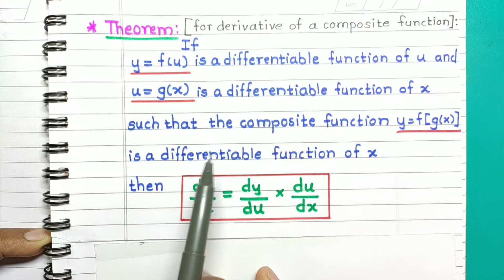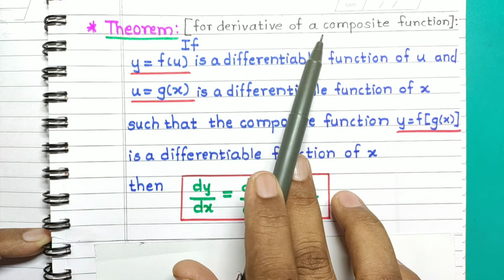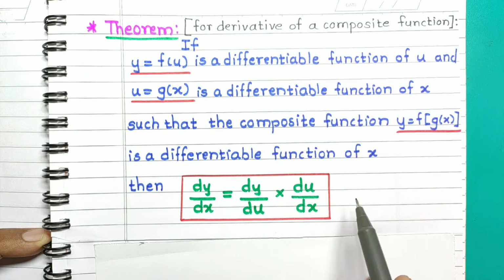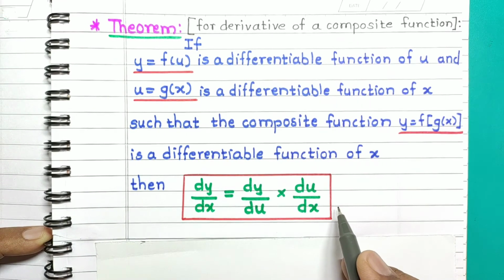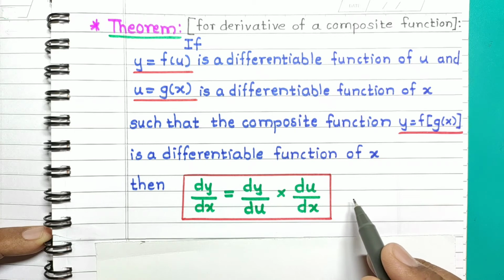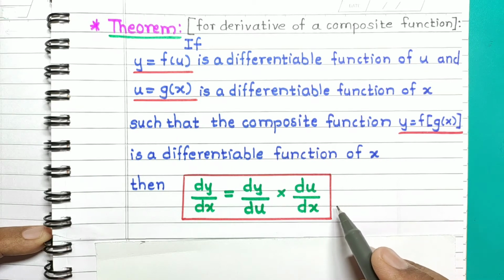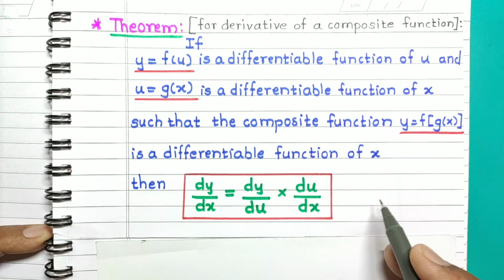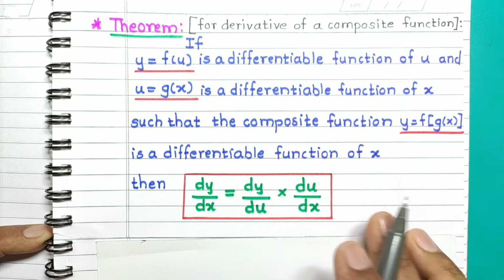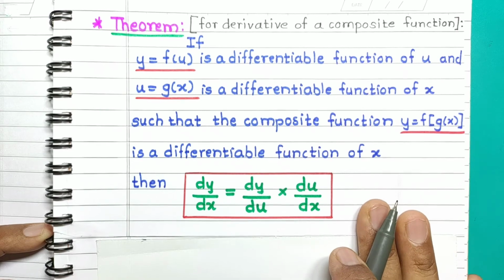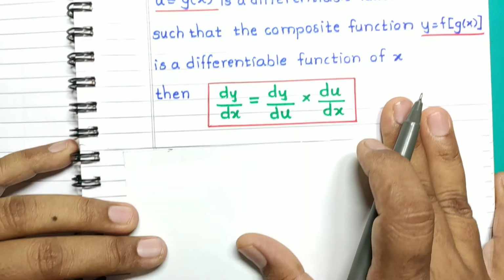So students, this is how the theorem for derivative of a composite function works. Now we can extend this rule for writing the derivatives of composite functions which contain compositions of three or more functions. So let's see the extended statement for this theorem.